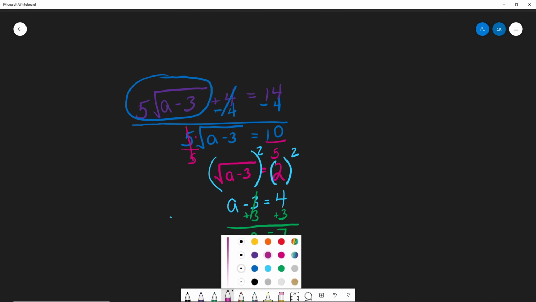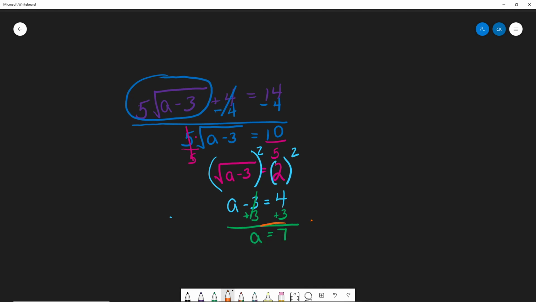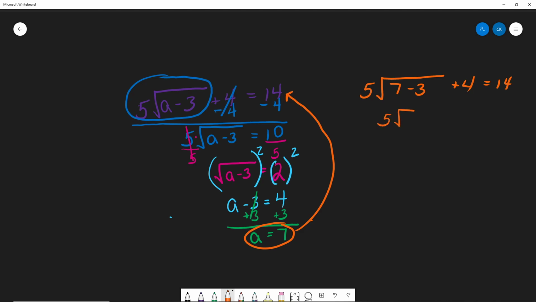But again, we should always check. So let's check our work here. I'm going to take my A equals 7. I'm going to plug it back into the original equation. So I'm going to have 5 times the square root of 7 minus 3 plus 4 equals 14. And I want to see if this works. So I work with whatever's underneath the radical first. 7 minus 3, that's going to give me 4.